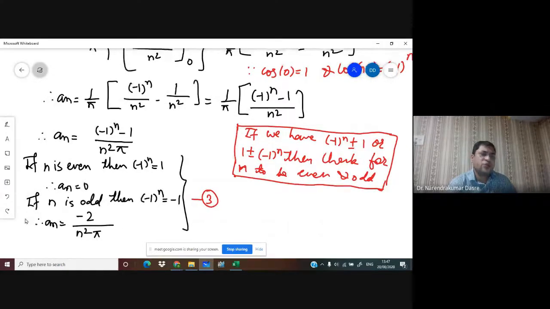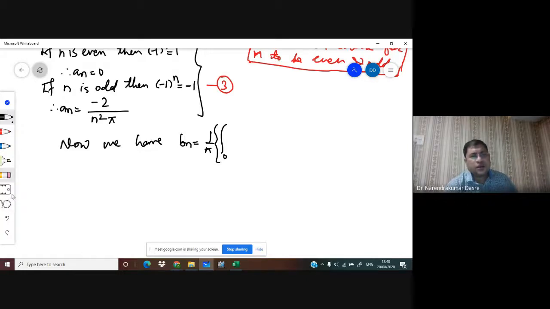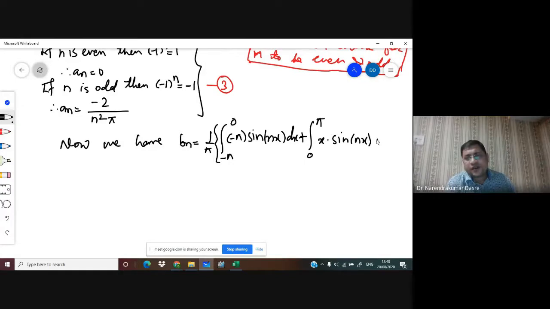Now we have to check what happens to Bn. So now we have Bn is equal to 1 upon pi, integral minus pi to 0 of minus pi sine of nx dx, plus integral 0 to pi of x into sine of nx.